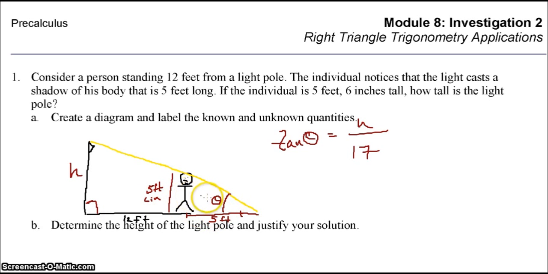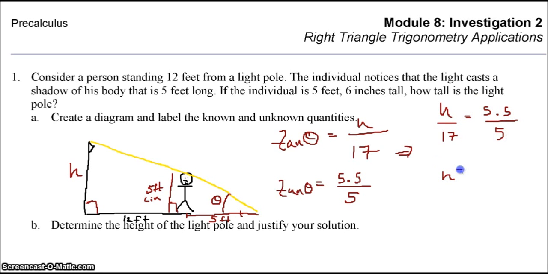I do know this little triangle. I know that tangent of theta will equal 5 foot 6 inches, that's 5.5 feet, divided by 5 feet. And look, since these are both equal, that means I can say h over 17 equals 5.5 over 5.